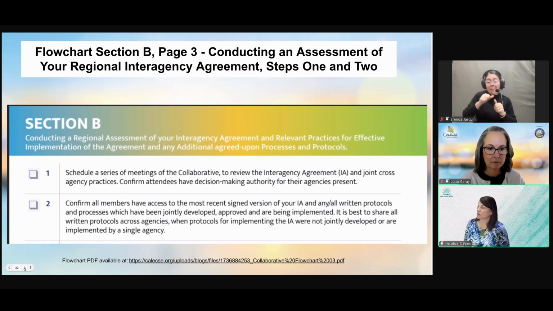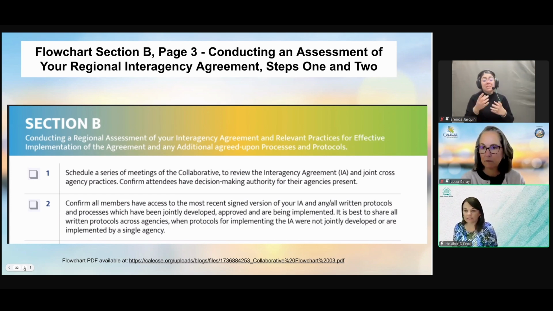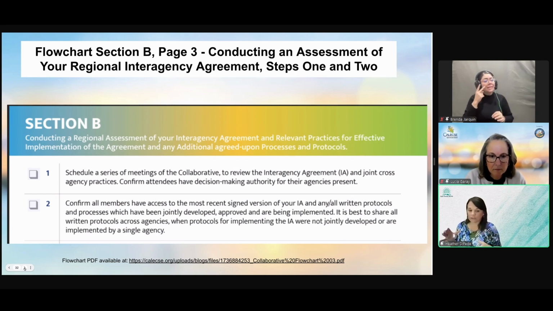We had to review our interagency agreement several years ago in San Diego County, and that was really a unifying time. So sometimes when you have to do agreements, they can cause discussion or disagreements. It really helped us see each other's perspectives and also to deepen our collaboration because it was meaningful work that was really based on helping all of our families that we serve.